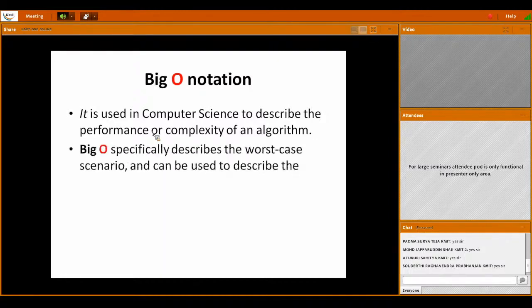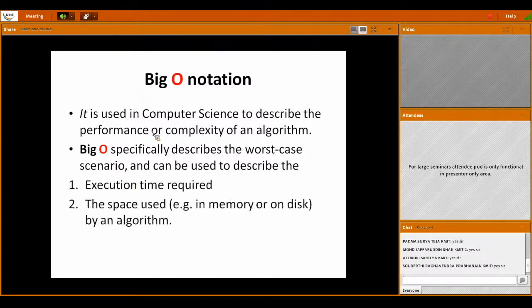Big O specifically describes the worst case scenario and can be used to describe the execution time required and also the space complexity. So this big O notation takes care of both the space complexity and the time complexity.